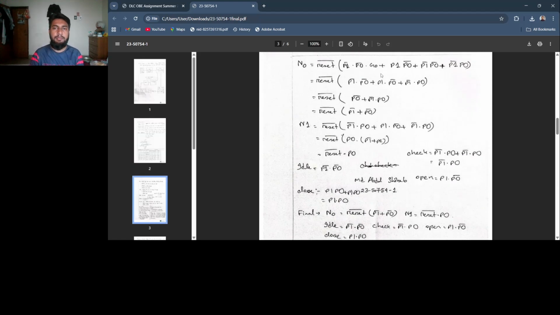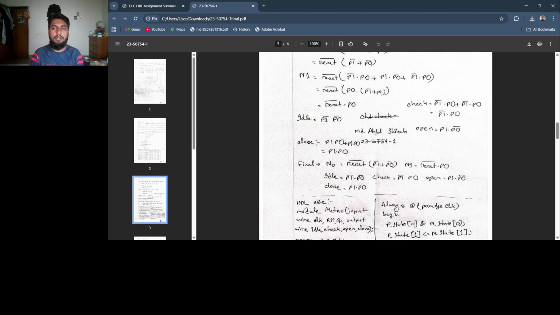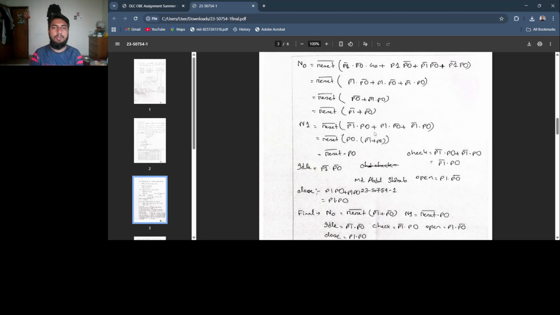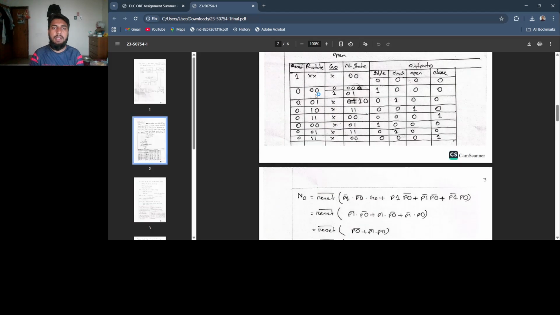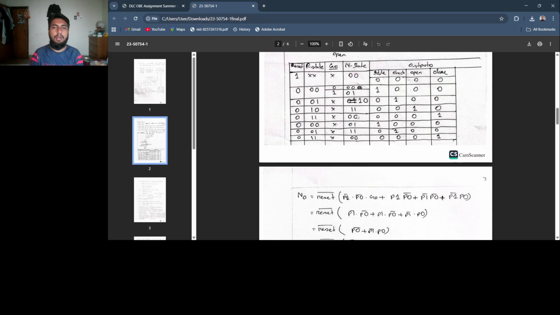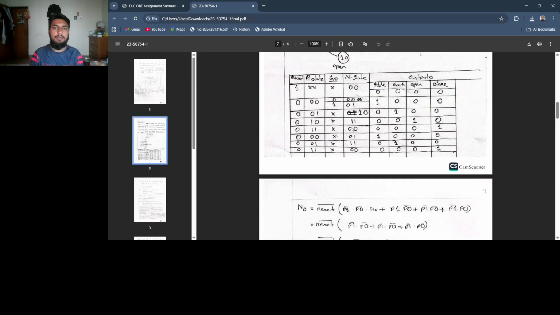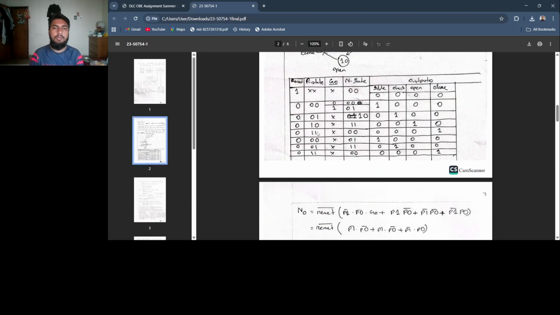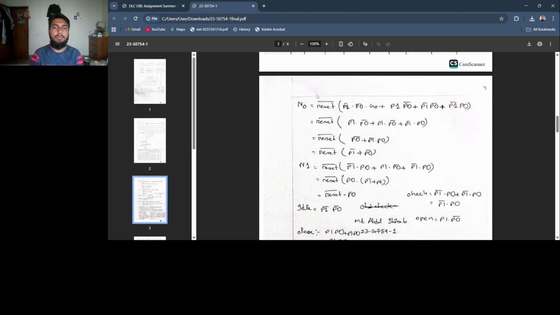Then I make this, my equation for Verilog HDL code. Here n0 is the extension 0 from the right side, n0, n1, and the present state from the right side, p0, p1.